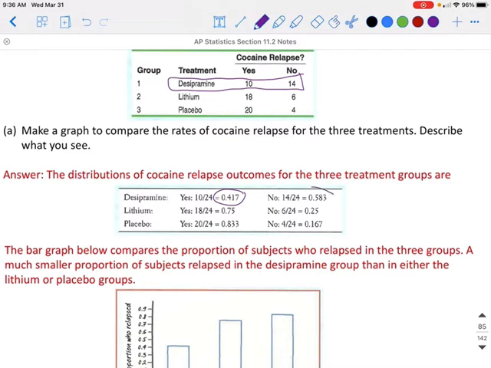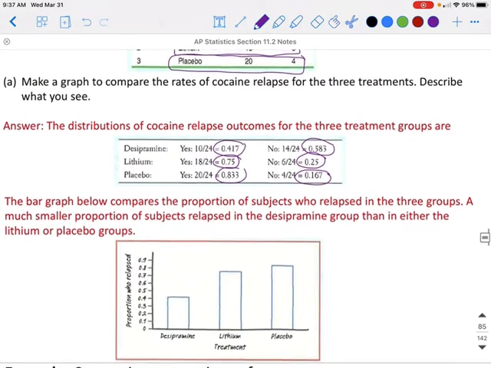So 10 out of the 24 is 42%, and then 14 out of the 24 is 58%. For the next drug, lithium, we would do the same thing. So for lithium, 75% relapsed and 25% did not. For those that took the placebo, 83% of them relapsed and 17% did not.